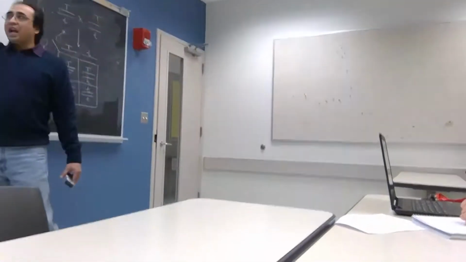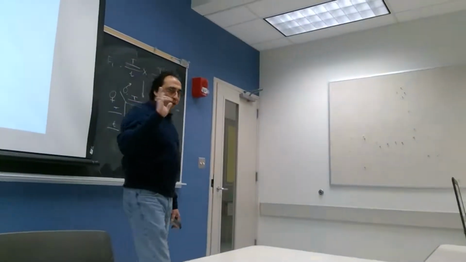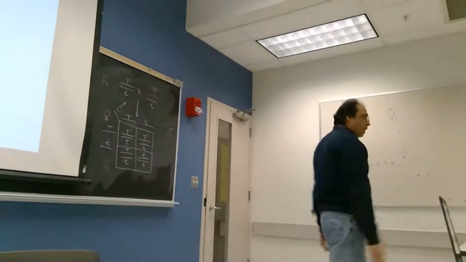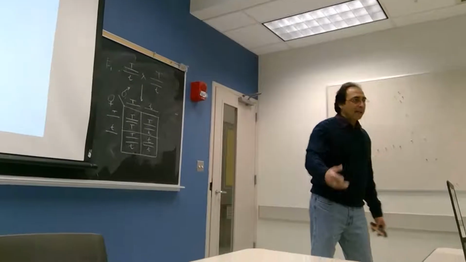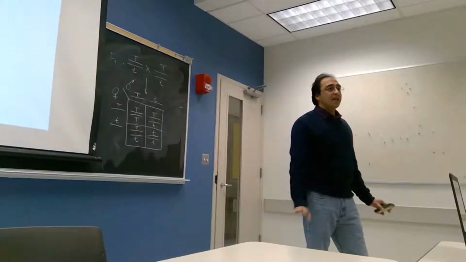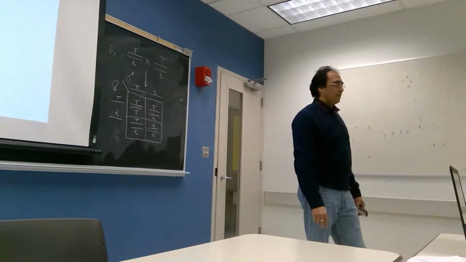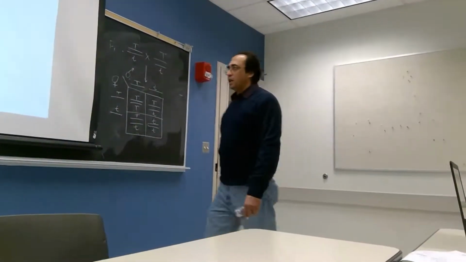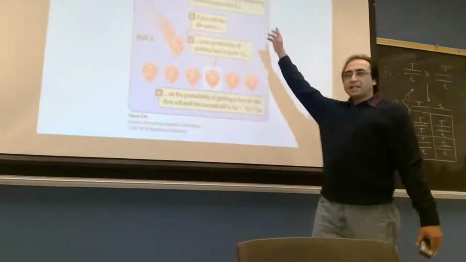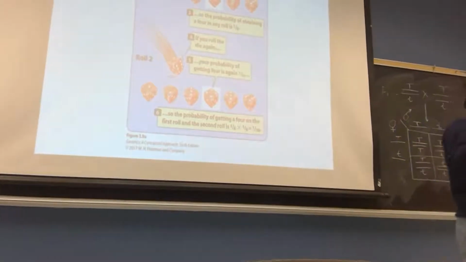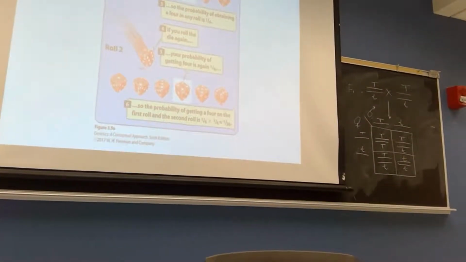So what is the chance of having 4 in 2 times? I roll a die the first time, I get a 4. I roll a die the second time, I also want to have a 4. So what is the chance for that? This is called the multiplication rule. The first time the chance is 1 by 6. The second time, this is independent.